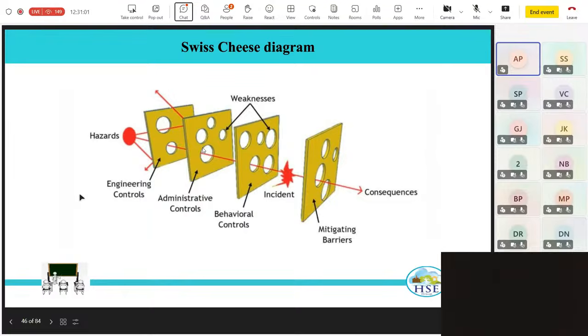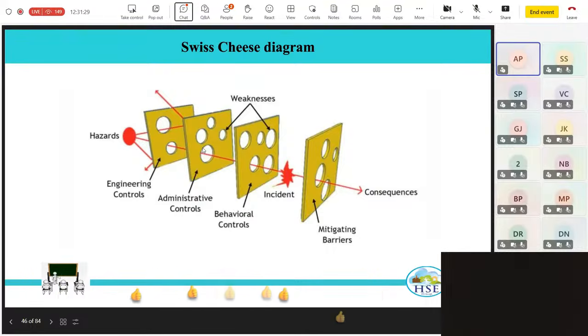Typically these layers are shown like this. All of you must have seen cheese, the cheese which you buy from the market. If you slice it, you will find that there are various holes in the various layers. Suppose you take four slices of cheese, and the hazard is at one end and travels through all these layers.